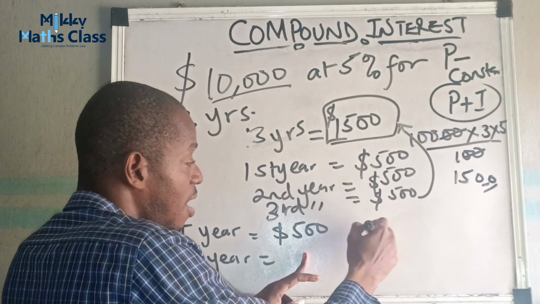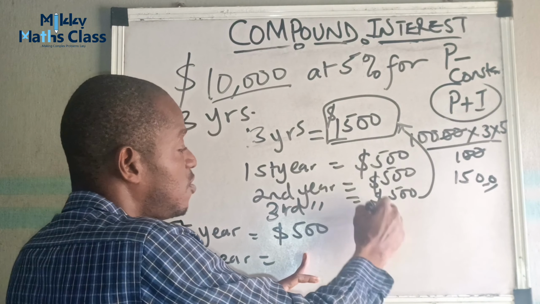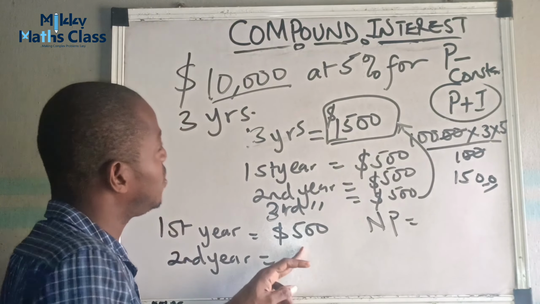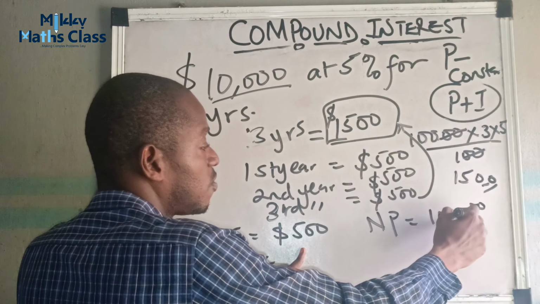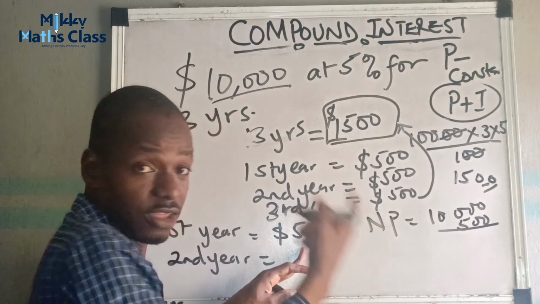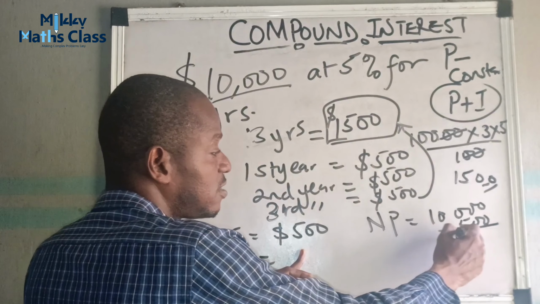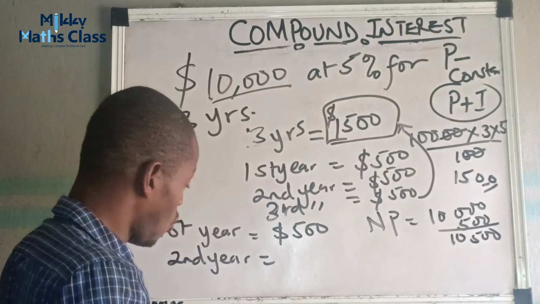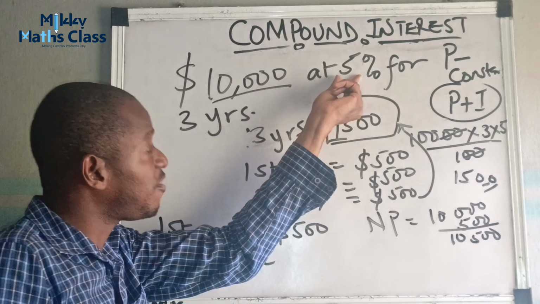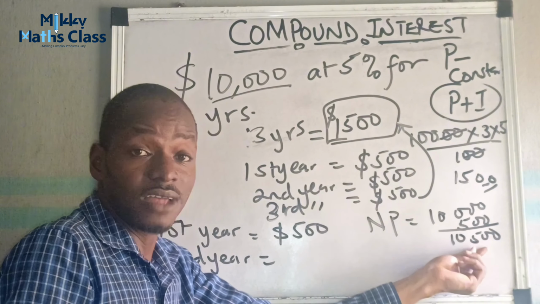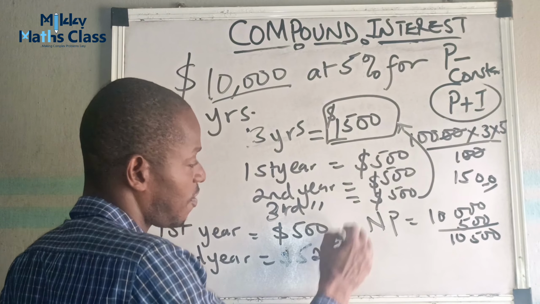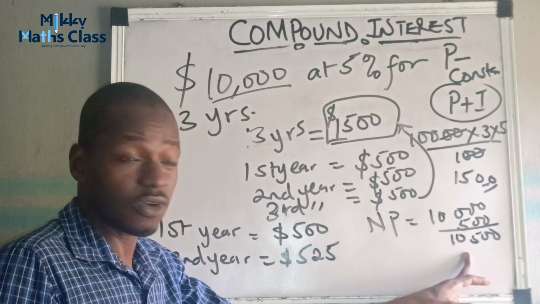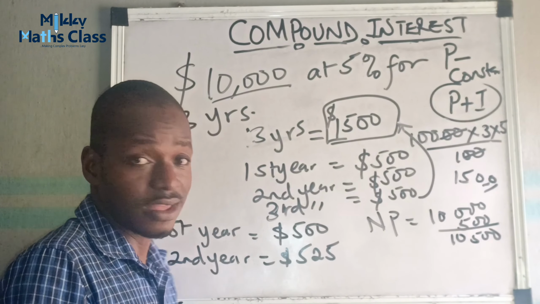The new principal for the second year will now be $10,000 plus $500, the interest from the previous year, which gives us $10,500. So we take 5% of $10,500, which gives us $525.